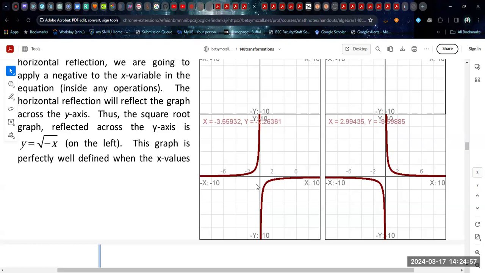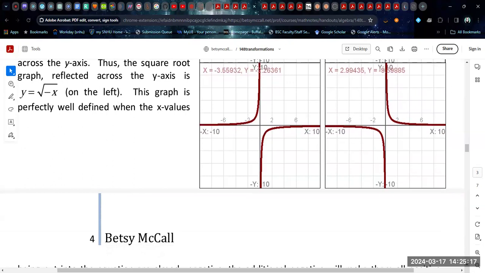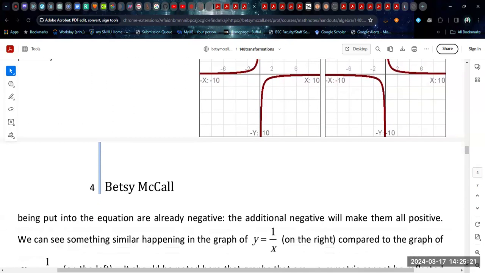But this is exactly the same graph that I would get if I did a vertical reflection. And so that's why the 1 over x graph is not as reliable in terms of being able to tell what the result of the reflection is doing, and the square root graph does a little better, because in the 1 over x graph, horizontal and vertical reflections look the same.